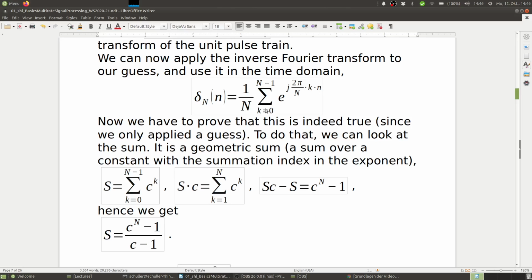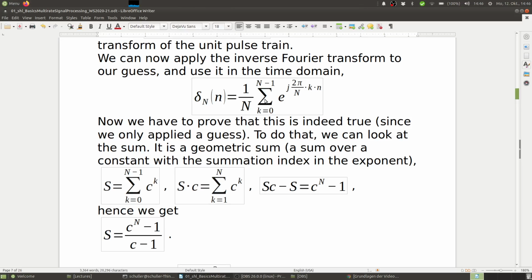This k is the index here, and this n is assumed to be constant for each of those deltas. So given n, 2 pi over n is given anyway. Then you have this as a geometric sum, where this e to the j 2 pi over n times lowercase n is a fixed factor for each of those sums. So for each n, you get a different sum, right?